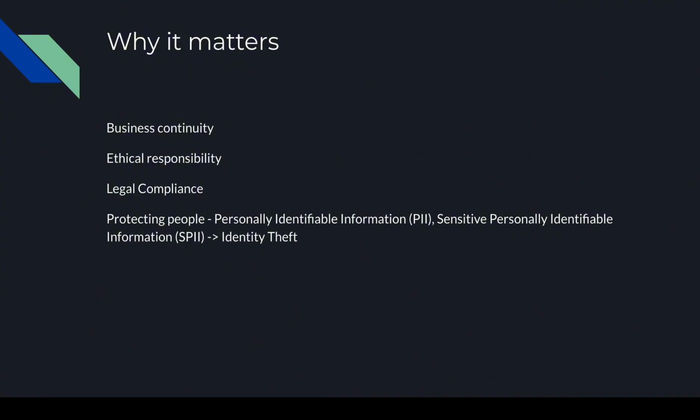But now the sensitive part, which is SPII. These are the ones that you will never give to anyone, not even your friends. Things like your social security number, your medical records, and financial information. I don't think anyone would tell their friends, "Hey, this is my financial information, here's my W-2."